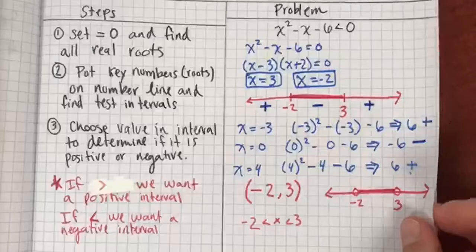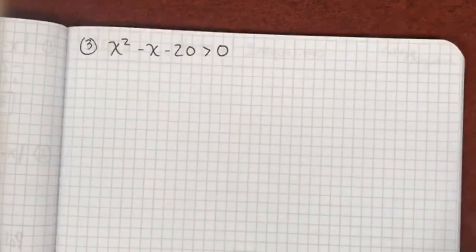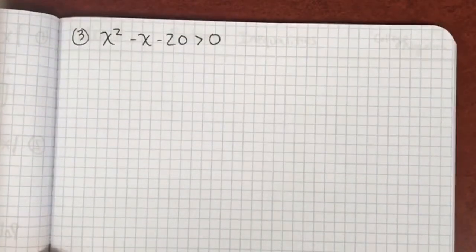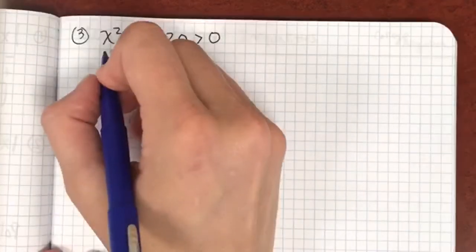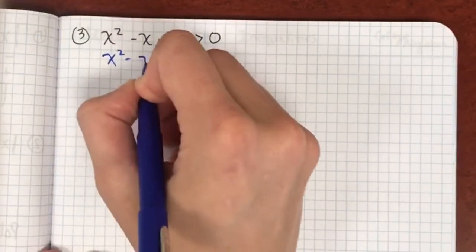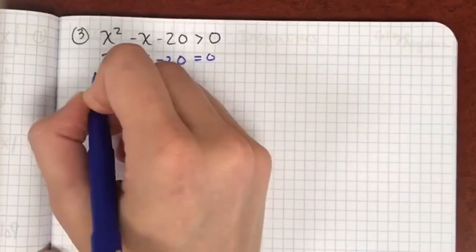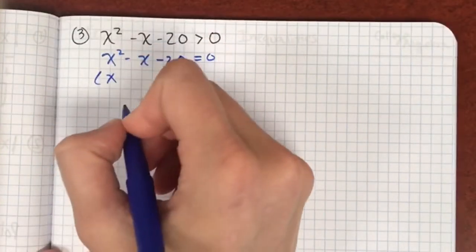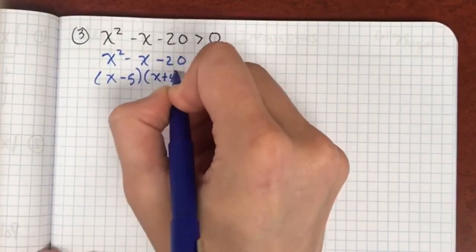All right, so let's do another problem. All right, x squared minus x minus 20 is greater than 0. So first we set equal to 0, and we will solve. So I know it's going to be x minus 5 and x plus 4.